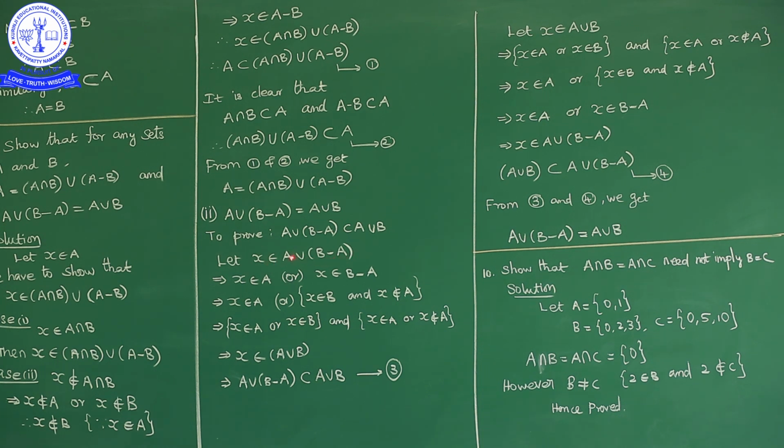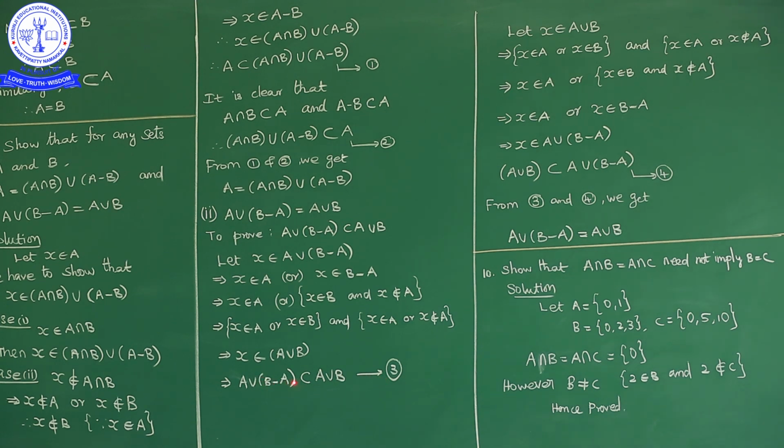It means either x belongs to A or x belongs to B minus A, which means x belongs to B and x does not belong to A. Now if we combine these two conditions, x belongs to A or x belongs to B, and x belongs to A or x does not belong to A, which is the universal set. So overall, from these two conditions, x belongs to A union B. So x belongs to this set and x belongs to this set, so this set is a subset of this set.